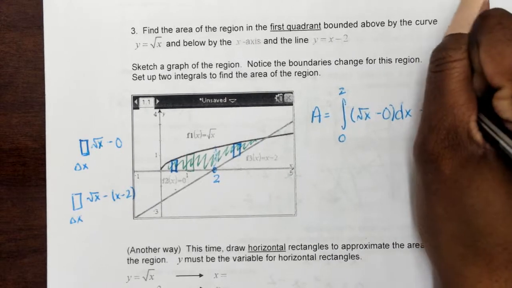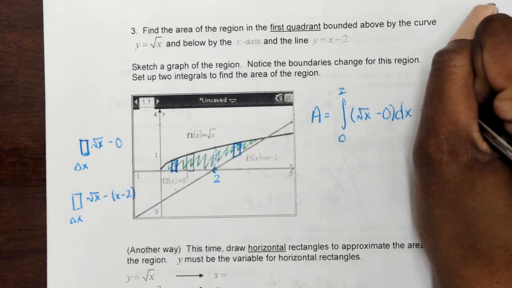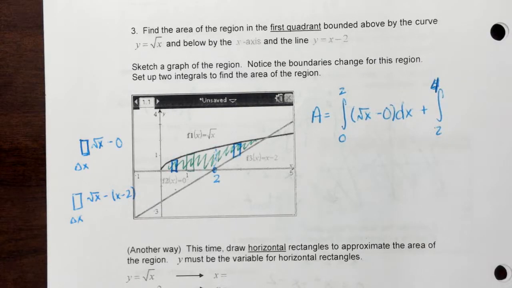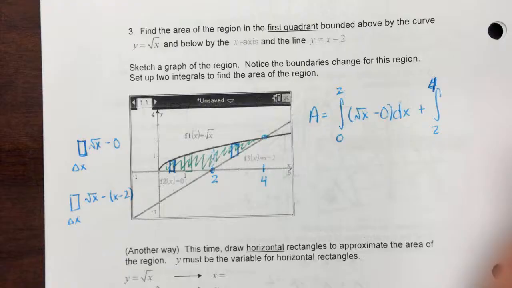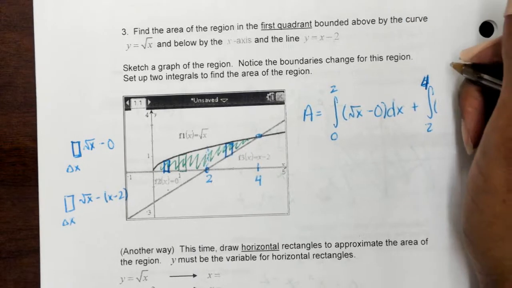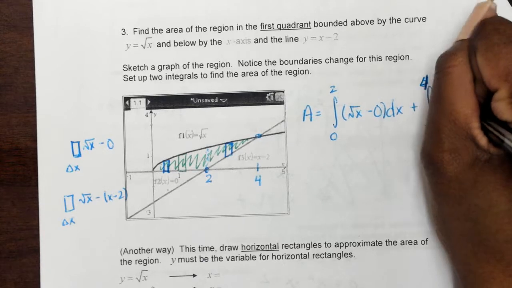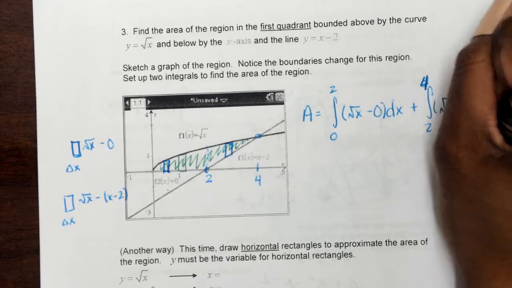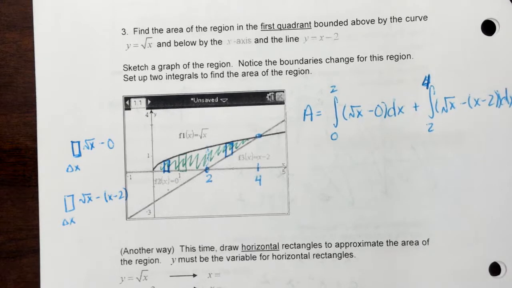And then from 2 to 4, because this is 4, we're looking at the integral of square root of x minus 2 dx.